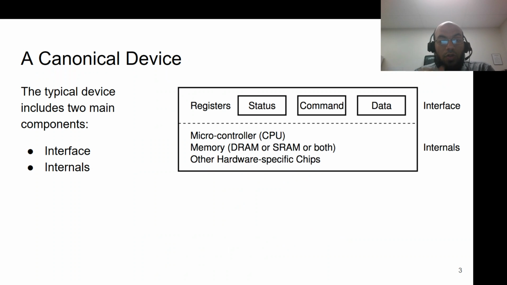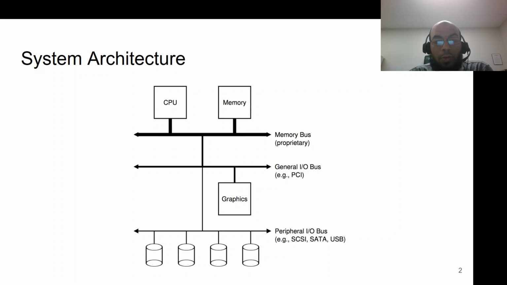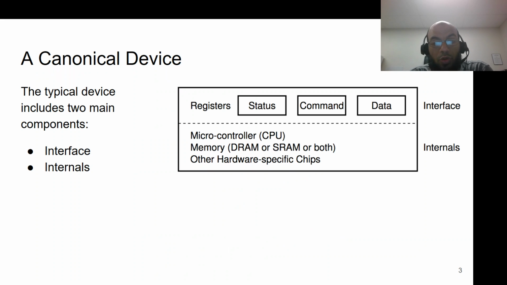so a typical device, any of these devices, your memory, your graphics, or your peripheral I/O devices, storage or keyboard or mouse, typically consists of two parts: the interface and the internals. The interface is how you can communicate with this device.